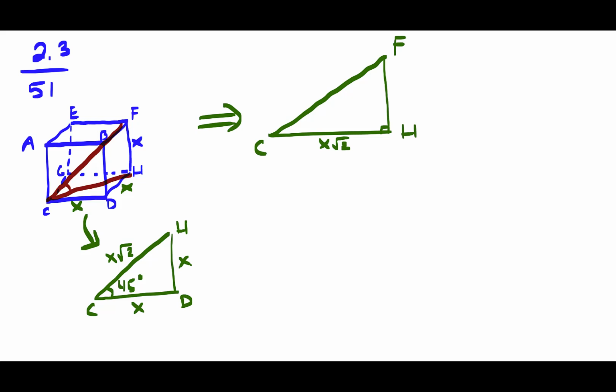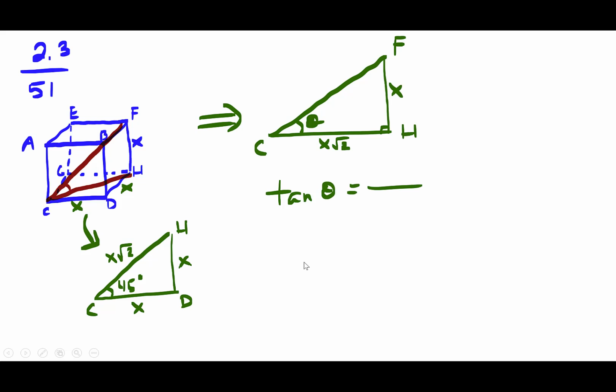This is x root 2, that's x, and I'm trying to find the angle measurement right here. I'm trying to find angle C. Now I notice this is an opposite, adjacent relationship, which means it's going to be tangent.